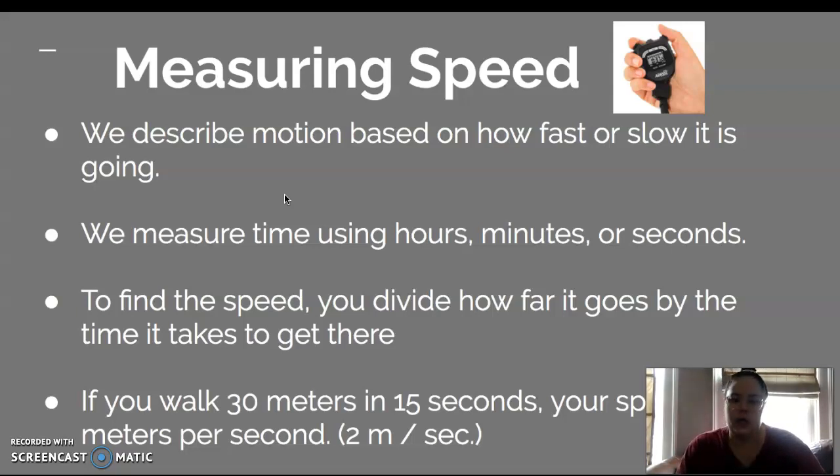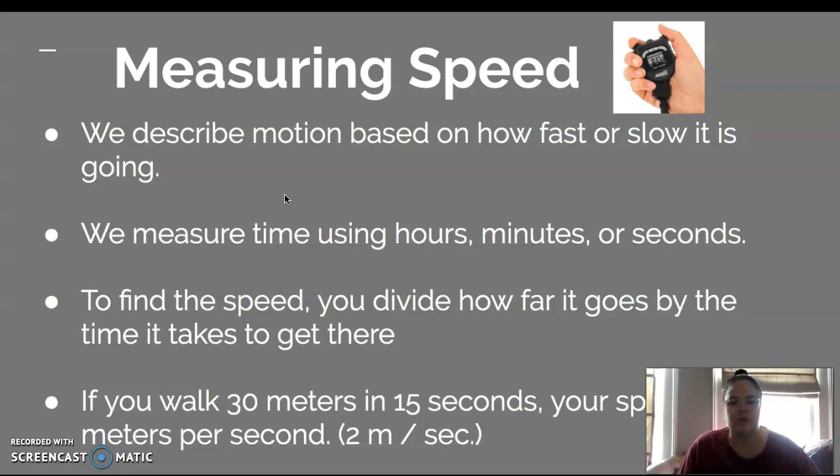Measuring speed. So we describe motion based on how fast or slow it is going, right? We might say, wow, that car went really fast, or I'm walking very slow down the hallway. And we measure time using hours, minutes, or seconds. So when we're talking about speed, we are dividing, so we got a little math, we're dividing how far it goes by the time it takes to get there.